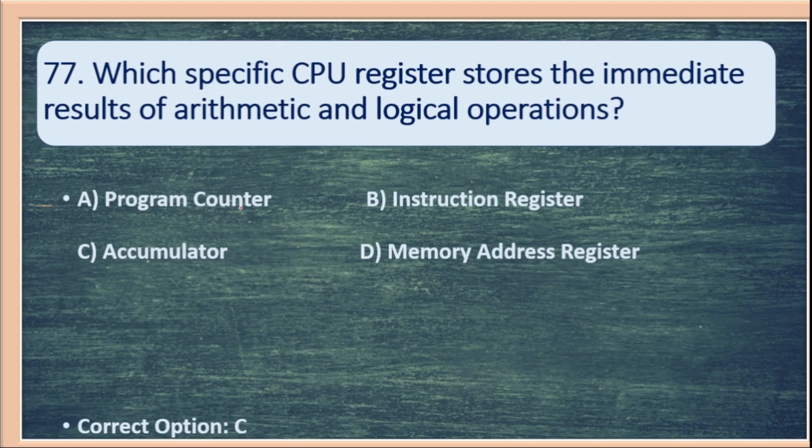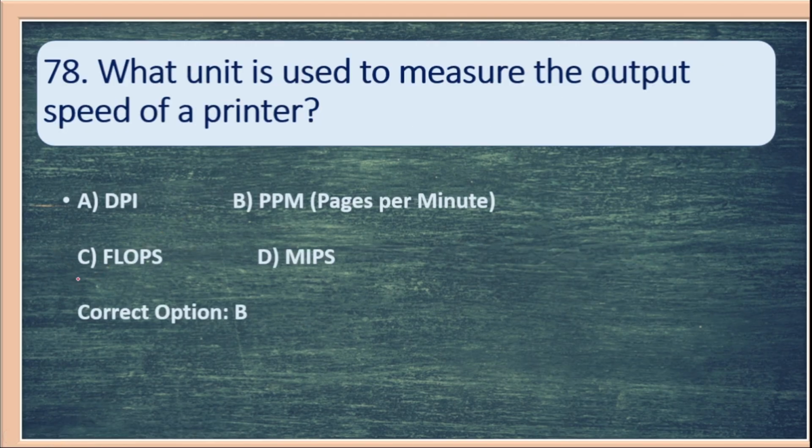Program counter, instruction register, accumulator, memory address register. Answer is C, accumulator. What unit is used to measure the output speed of a printer? DPI, PPM, FLOPS, MIPS. B is PPM, pages per minute.